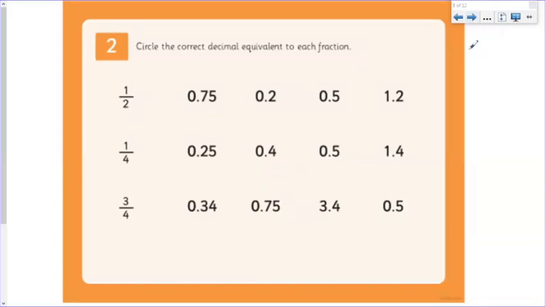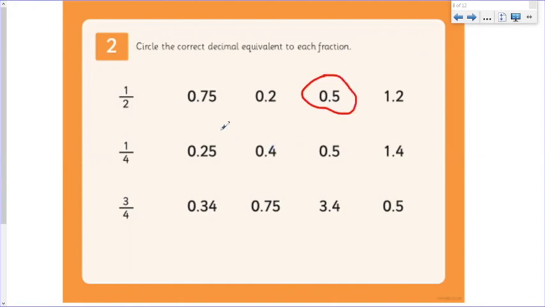Pause your screen and have a go at these. Right, so half is equivalent to 0.5.